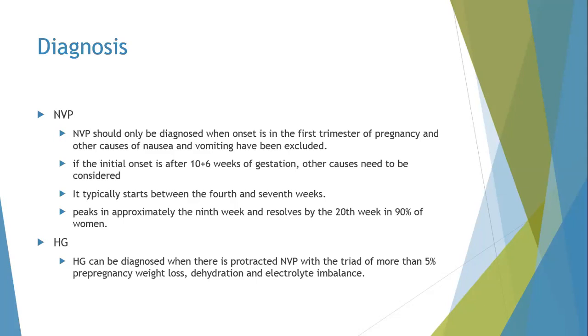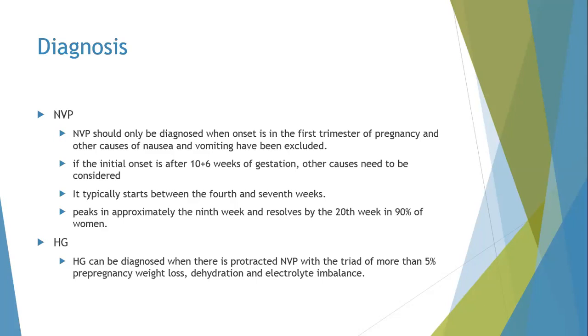Diagnosis: nausea and vomiting should only be diagnosed when onset is in the first trimester of pregnancy and other causes of nausea and vomiting have been excluded. If the initial onset is after 10 plus 6 weeks of gestation, we should investigate other causes.